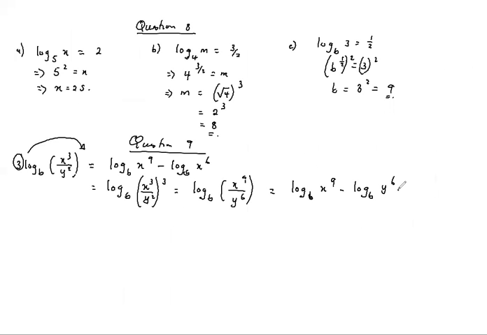So the next step, we now go to a. We express: 2 log_b x plus 4 log_b y minus 3 log_b z.